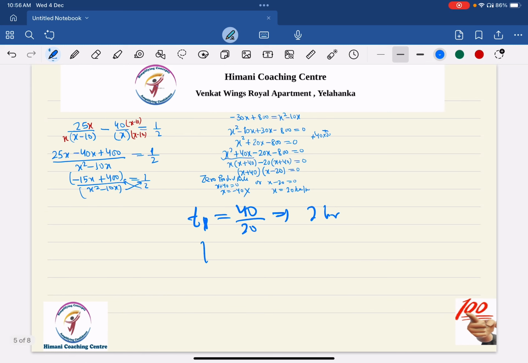So T2 is 25 over 10, so you get 2.5 hours. So how much time has he taken to cover the entire journey of 65 kilometers? 2 plus 2.5 hours, so 4.5 hours is the answer.